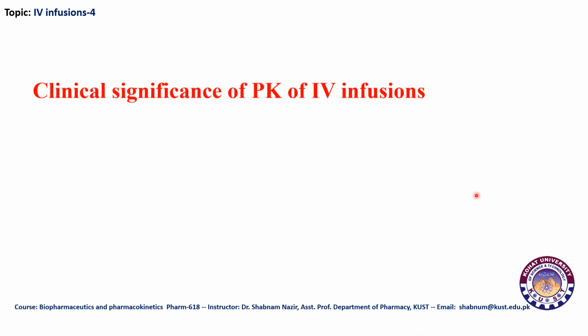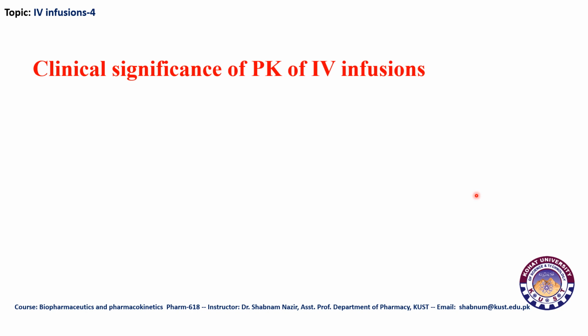So, clinical significance of pharmacokinetics of intravenous infusions. Intravenous infusions have a whole lot of significance related to their use and the various situations where they are adopted. For example, intravenous infusions are particularly helpful in achieving steady state levels immediately, which is very desirable.